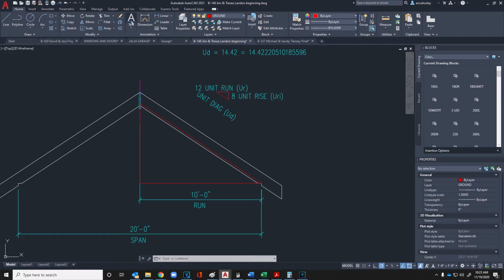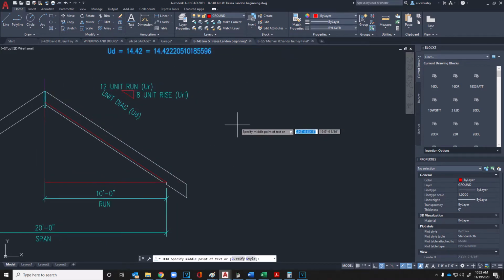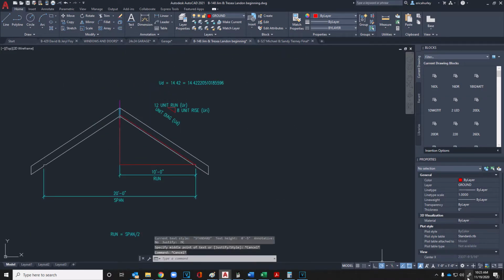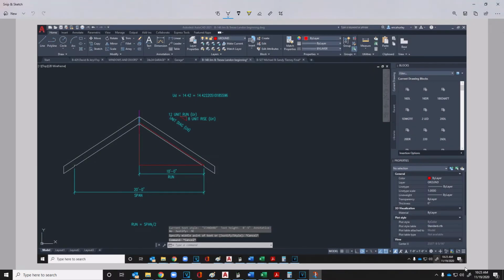So let me explain that. Actually, I'm going to do this in a little different form here where I can do a little bit of freehand drawing.